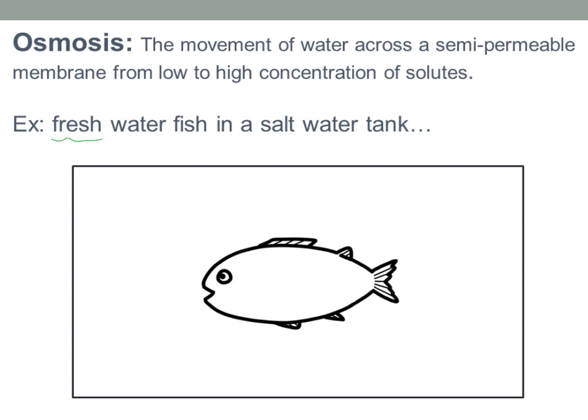If you're looking at a freshwater fish here, the idea is that if it's used to living in fresh water, it's used to a relatively low concentration of solutes. It's freshwater, it's not saltwater. So low concentration of solutes. So in our little fishy here, we have a low concentration of stuff.